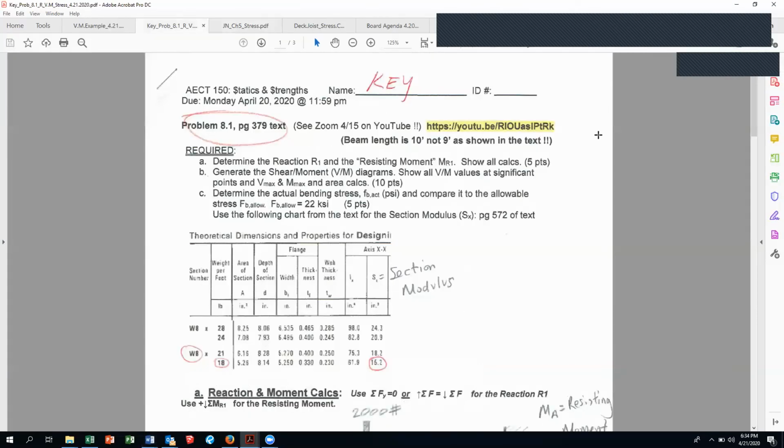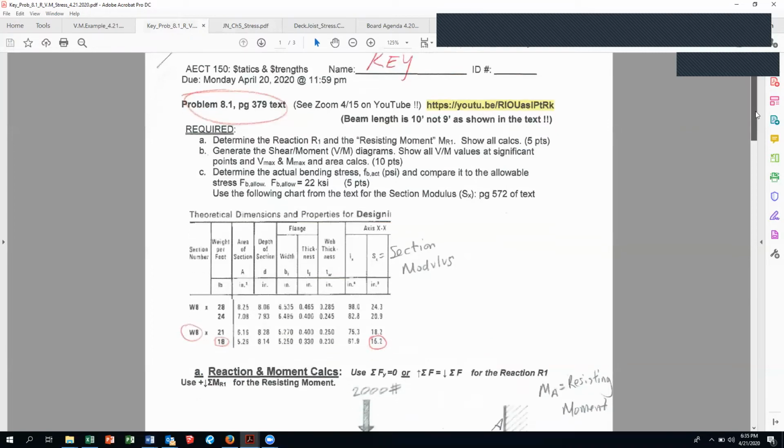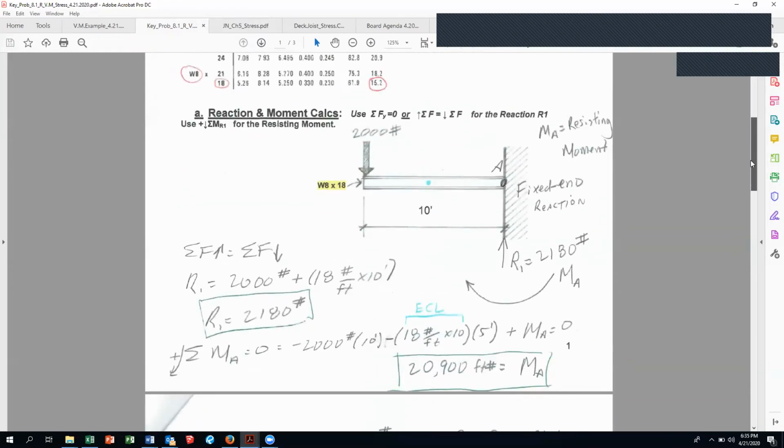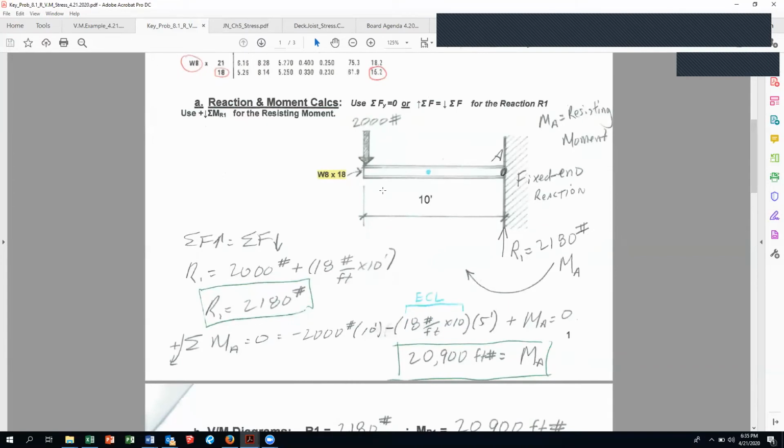This is the answer key for problem 8-1, and this is posted on Vanco. I don't think there's a, this fixed end reaction will be on the final. I don't think it's on this test.